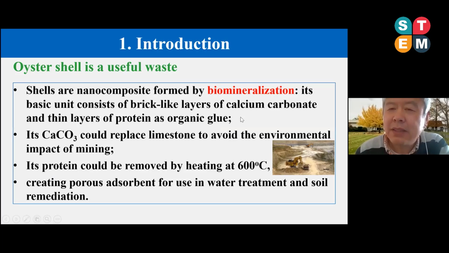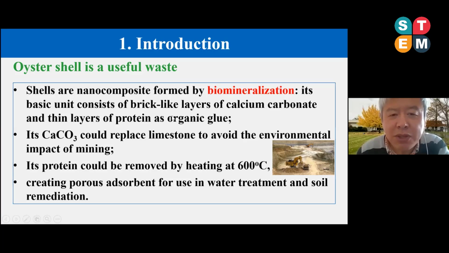And when we talk about the shells, probably 10 to 15 years ago, there was a lot of research from chemists and material scientists. They focused on the nanostructure of sea shell. And of course, this material was produced by a natural process called biomineralization.